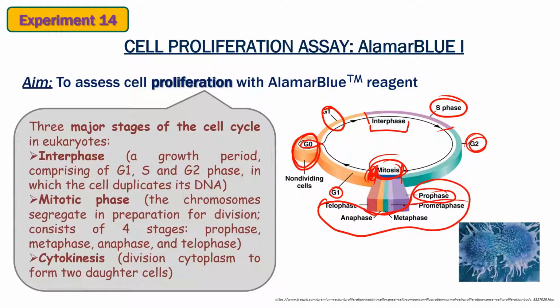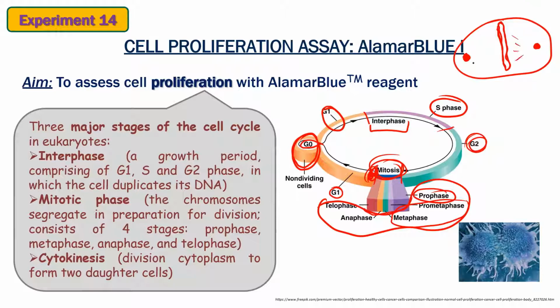So the next two steps, prometaphase and metaphase, are related to the formation of two centrosomes on both poles of the cell, and the localization of the nucleic content, I mean the DNA content, on the equator of this cell.